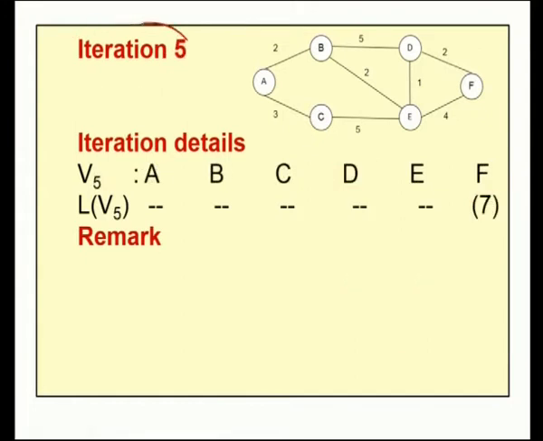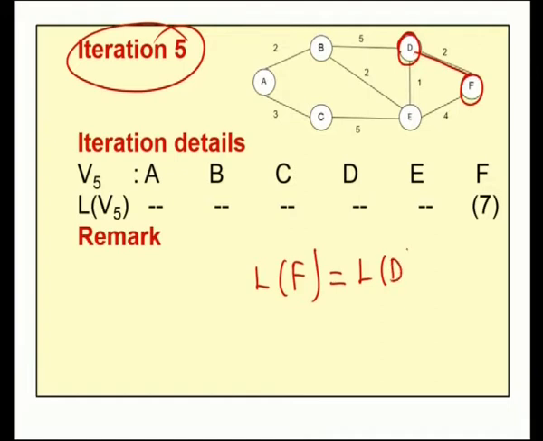So, in the next iteration 5, we have to collect all adjacent nodes for the node D. Now, for node D the only adjacent vertex is F. Therefore, we are interested in finding the labeling value of the node F, where L of F is L of D star plus the distance of the arc D star to F. Now, L of D star value is 5, which we obtained in the previous iteration, plus the distance of the arc D star to F, which is 2.